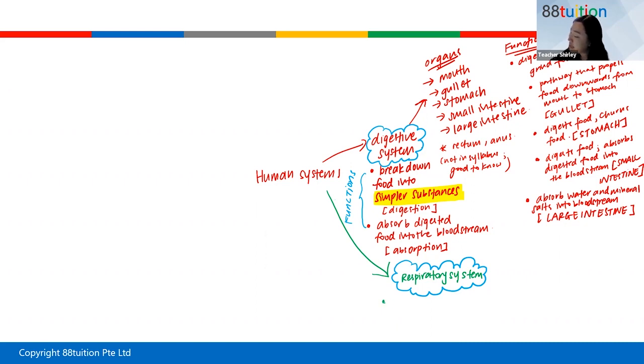So basically, it helps in taking in... I think this one you mean the nose, right? But generally, I think the main function of the respiratory system is really for performing gaseous exchange.